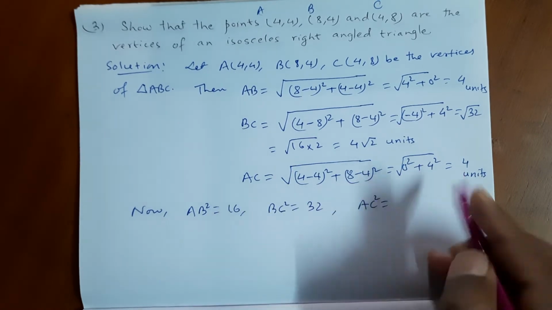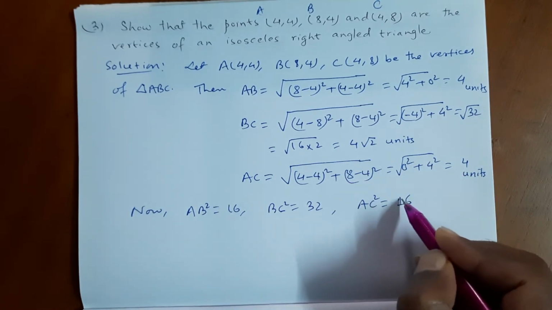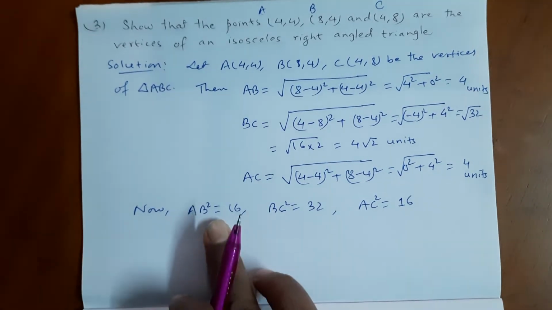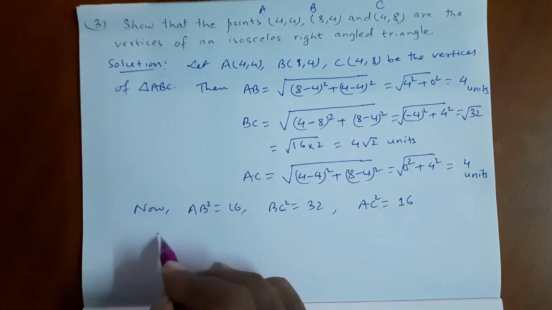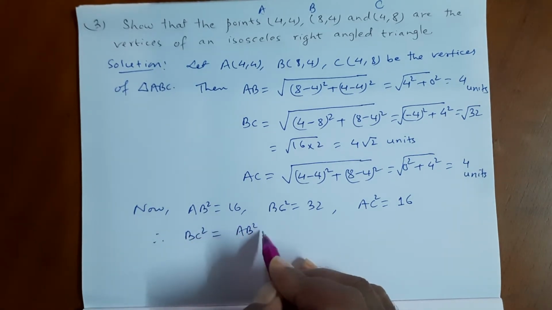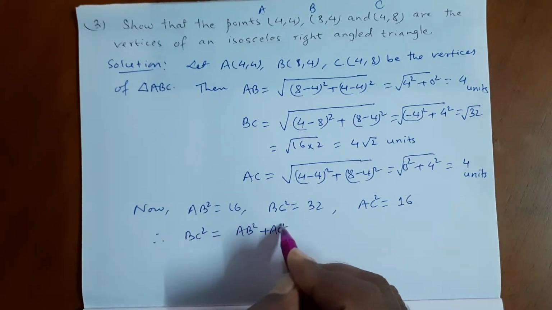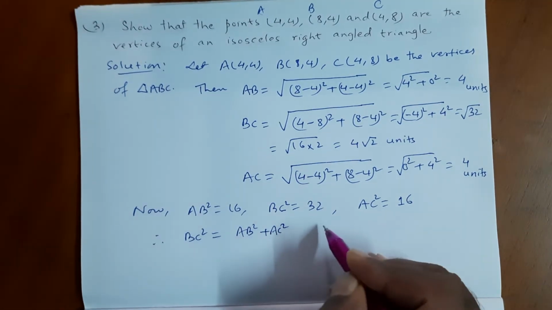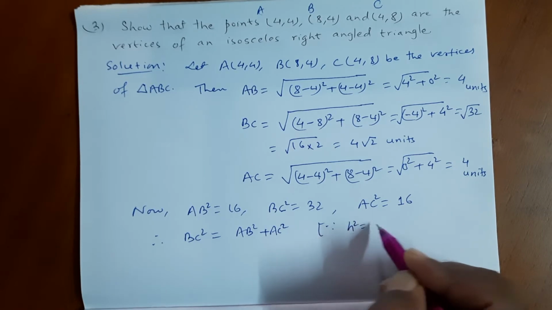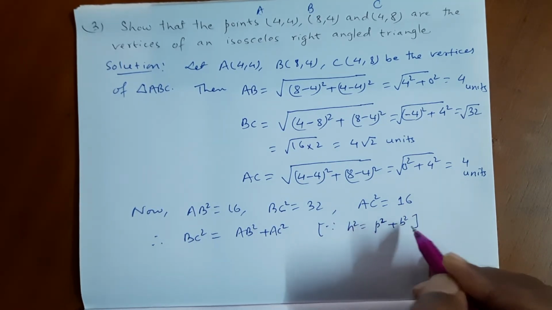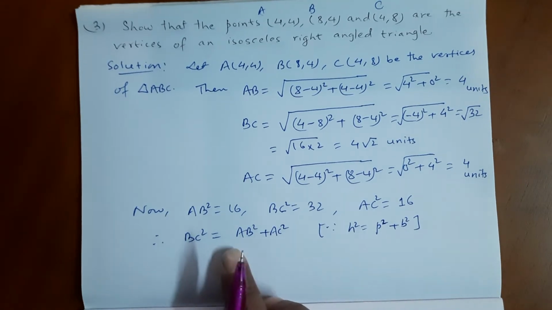AC square will be 16. So this shows that BC square equals AB square plus AC square. Therefore, BC square equals AB square plus AC square. Okay. So according to that, here H square equals P square plus B square, the formula of the Pythagoras theorem, is satisfied.